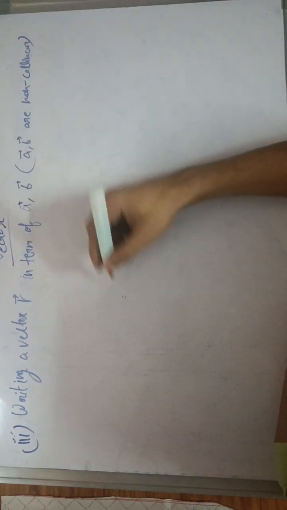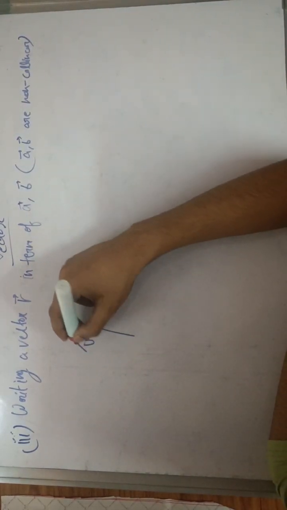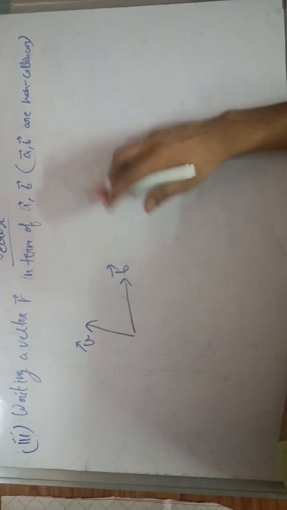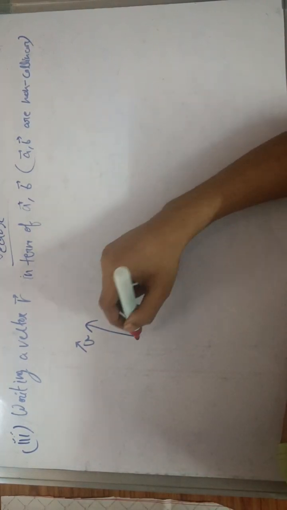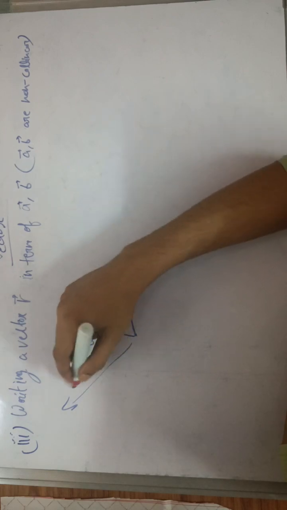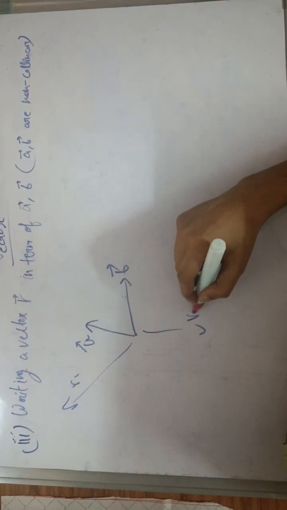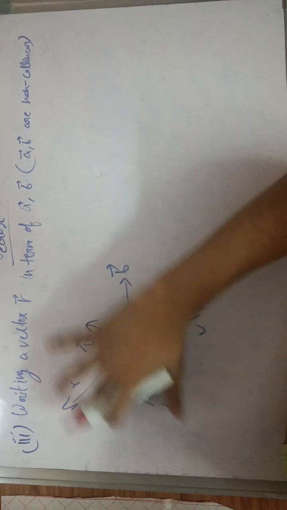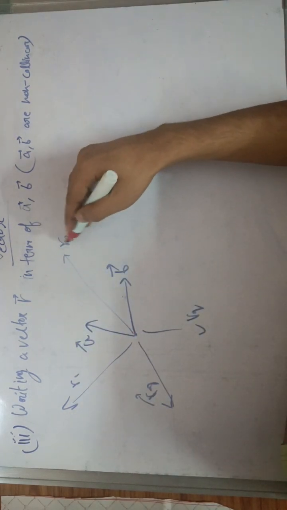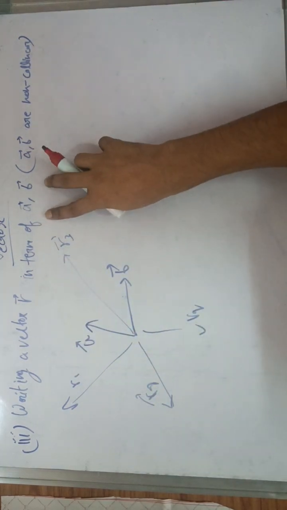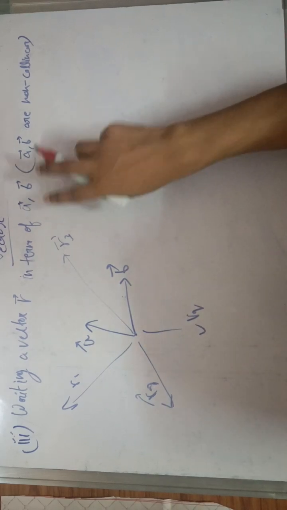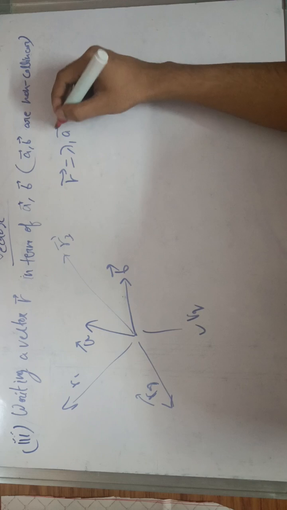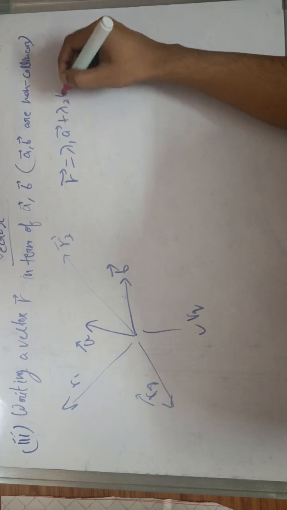If A and B are non-collinear vectors, let's say this is the A vector and this is the B vector, then I can write any vector in space. Let's say there is an r1 vector here, r2 vector here, r3 vector here. I can write all vectors in this space using these A and B vectors simply by R vector equal to lambda 1 A vector plus lambda 2 B vector.